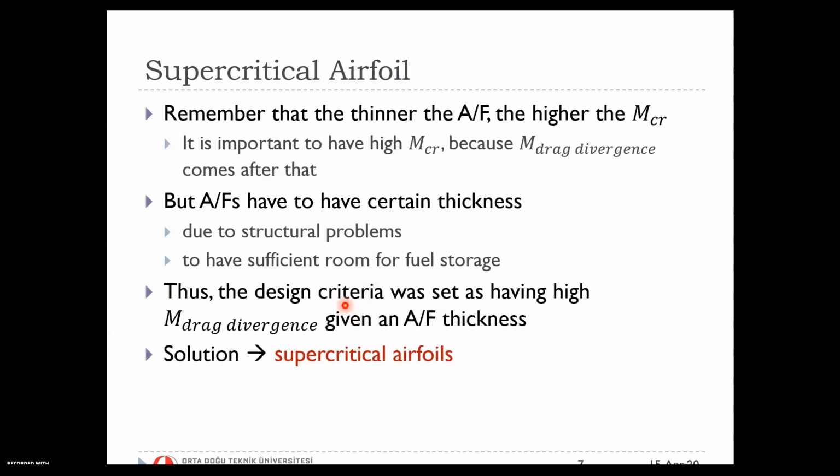In this case, we are not increasing the critical Mach number by use of supercritical airfoils, but this solution results in increasing the drag divergence Mach number. So you may still have a similar critical Mach number, but the distance between the critical Mach number and the drag divergence Mach number increases by use of supercritical airfoils.